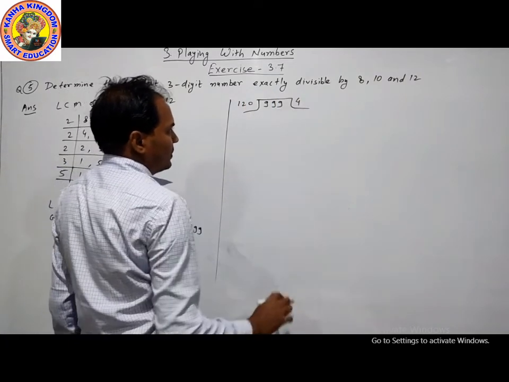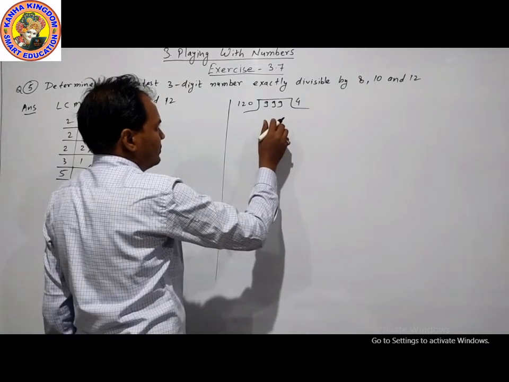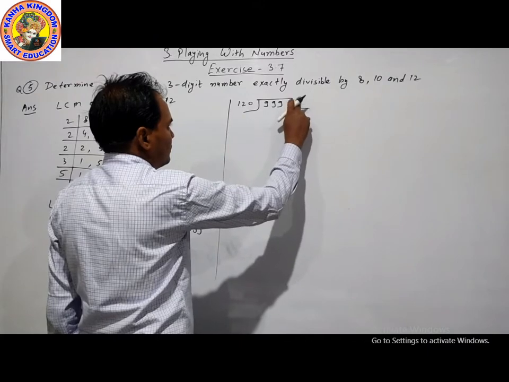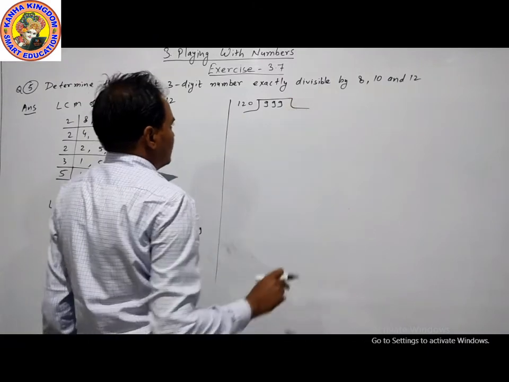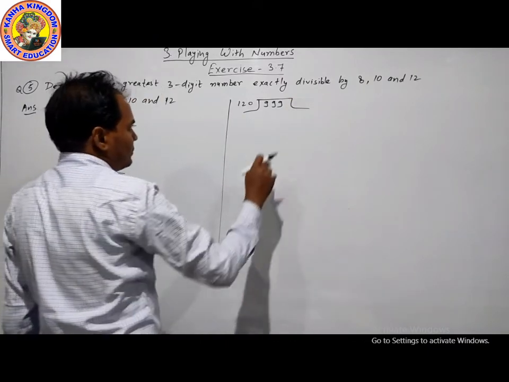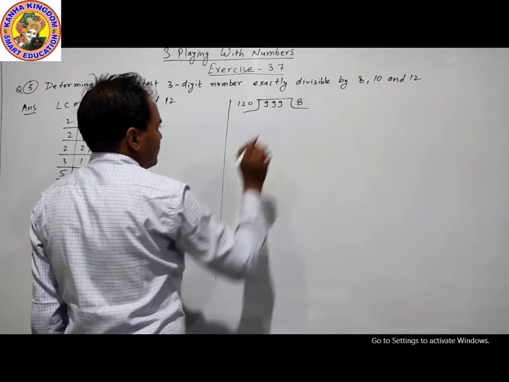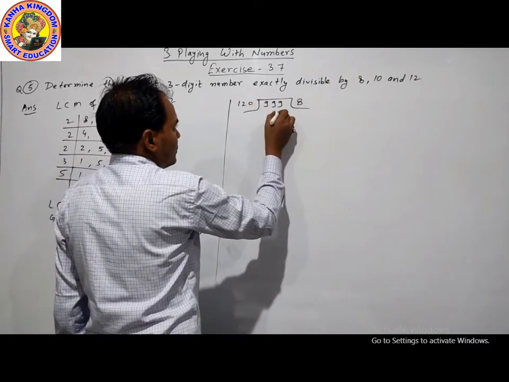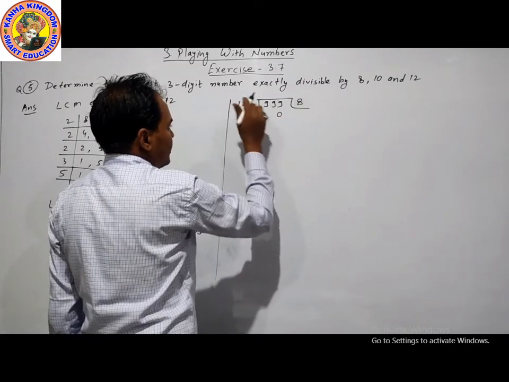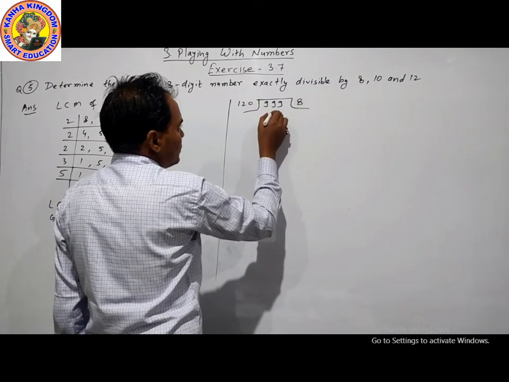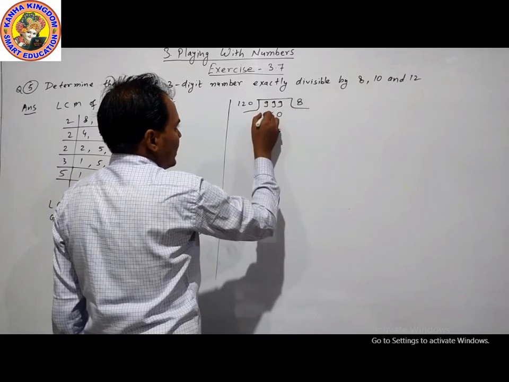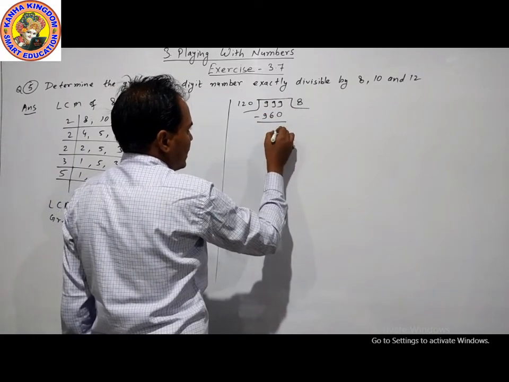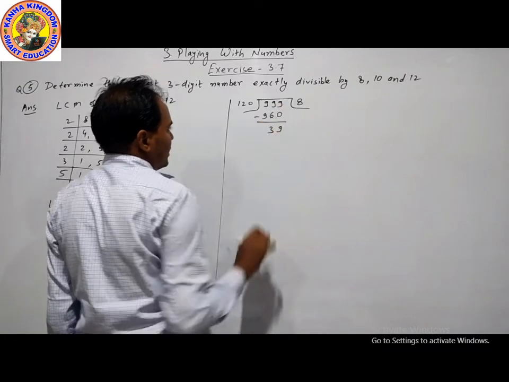We will take 8 times. 8 into 0, 8 into 2, 16, then 19 minus 16, 3.